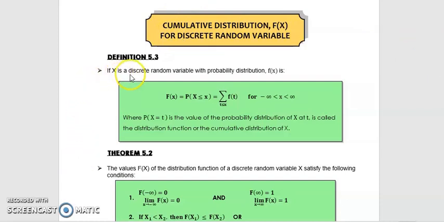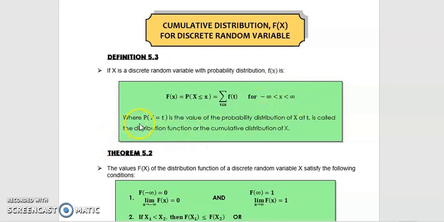If x is a discrete random variable with probability distribution f(x), then the cumulative distribution F(x) is equal to the probability of X less than or equal to x, which equals the summation of f(t) where t is less than or equal to x, for x from negative infinity to infinity.